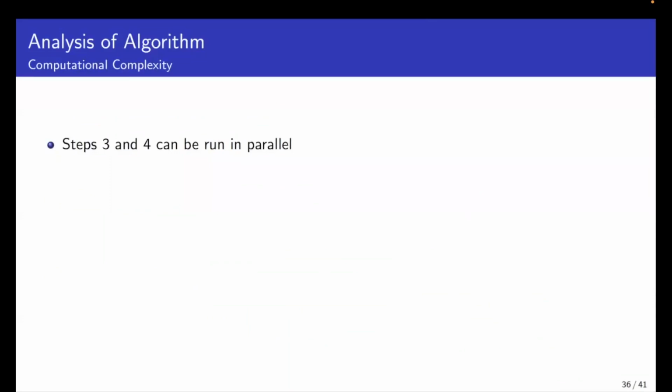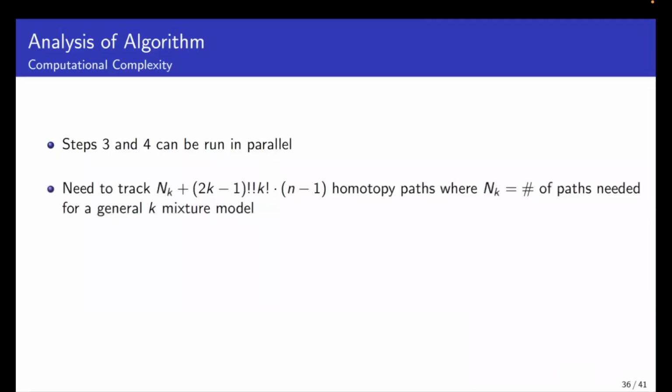Steps 3 and 4 can be run in parallel. So once we know the mixing coefficients, we treat each dimension independently, and so we can run these steps in parallel. In general, we need to track a number of homotopy paths, which looks like a mess in K, but it's actually linear in N. So that means that our algorithm scales very well in the dimension, although not as well in the number of components.